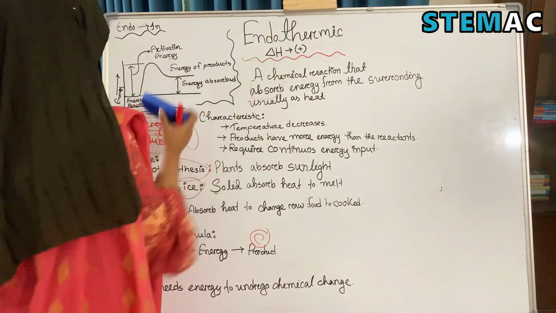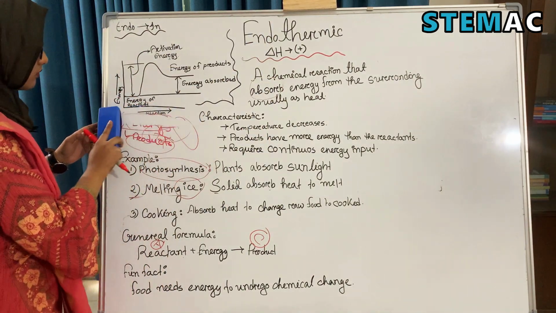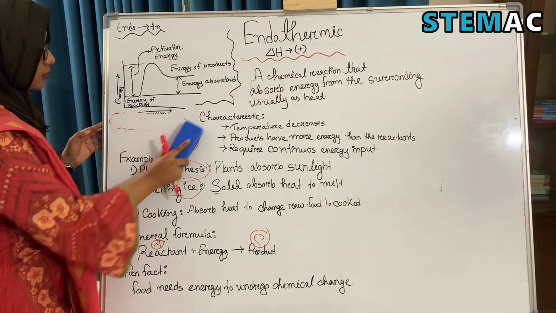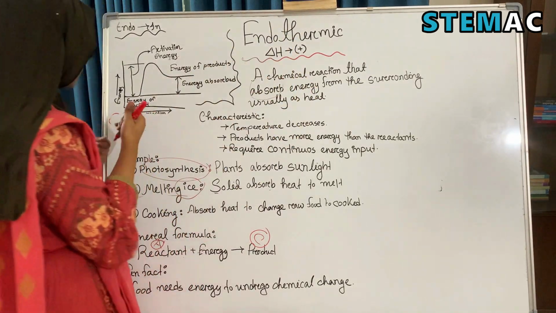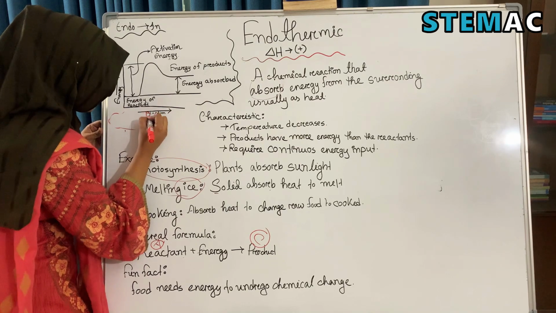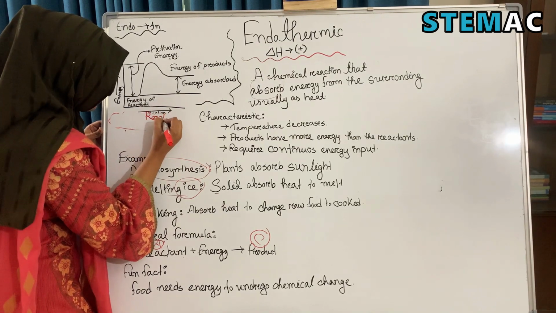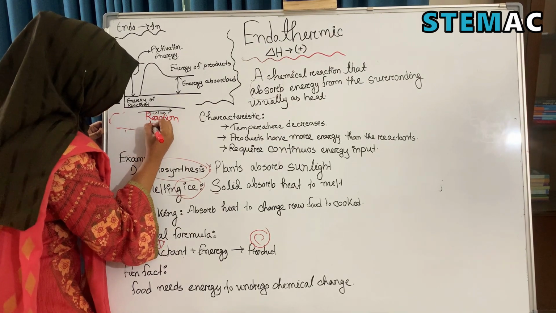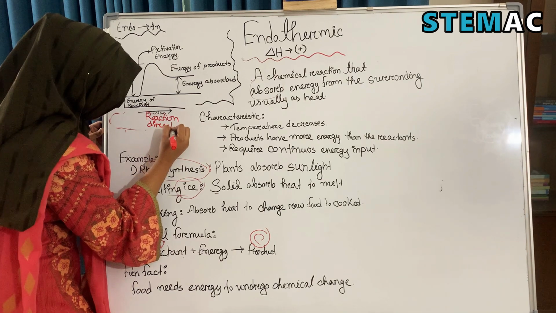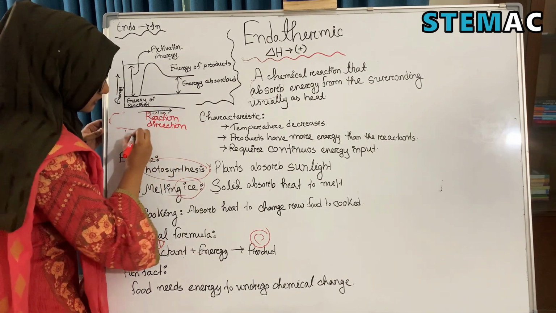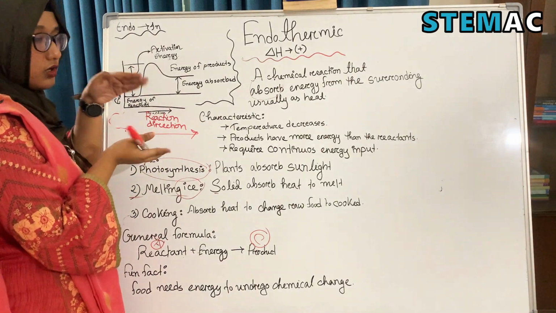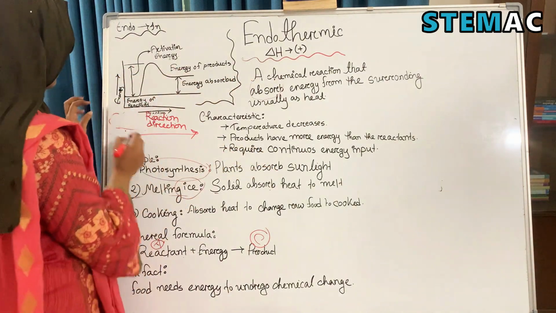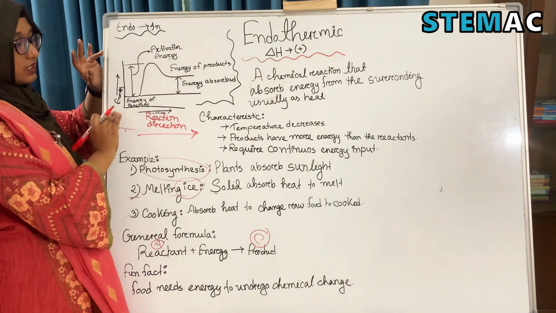So now we are going to learn about this graph, as we now know all the important information. Here it's the reaction direction. That way the reaction is going to proceed continuously, and the energy consumption is going to be here.